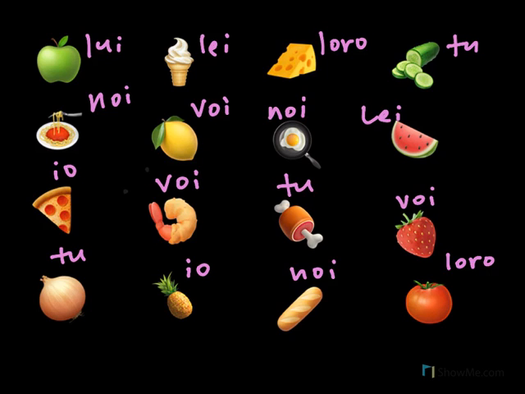Let's remember the names of these foodstuffs, and then according to these subject pronouns, you will put the possessive adjectives with them, remembering the gender, the number, and the article, because that's what you need to construct them. For example, if you have a word here, pera, you don't have it, but let's pretend.